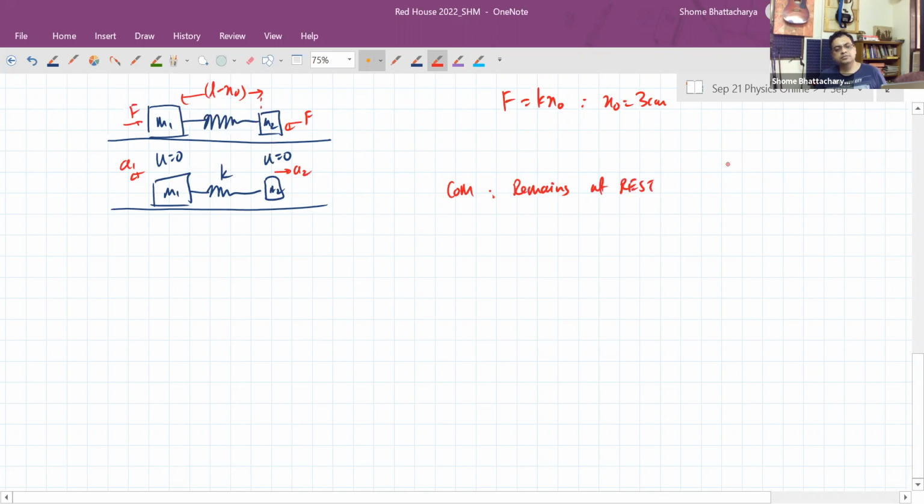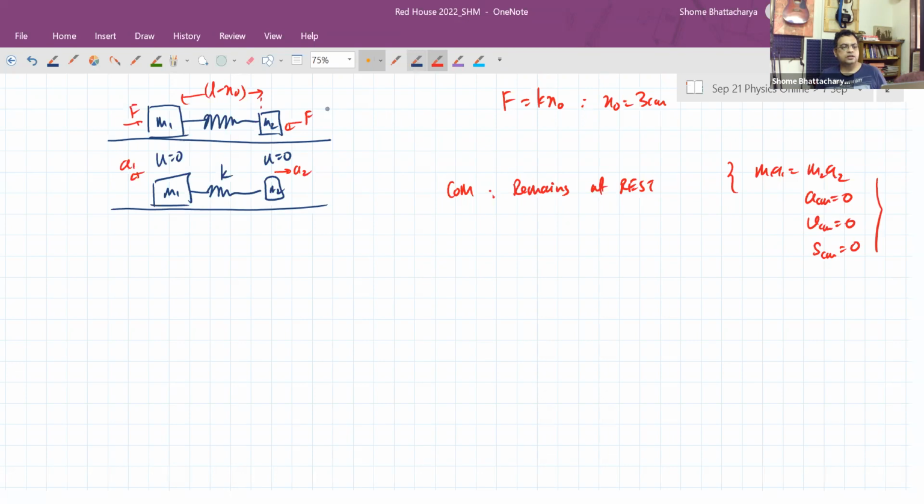So at any instant of time, m1 a1 is equal to m2 a2, so that the acceleration of center of mass is 0. Velocity of center of mass is 0. Displacement of center of mass remains 0 at any instant after this.